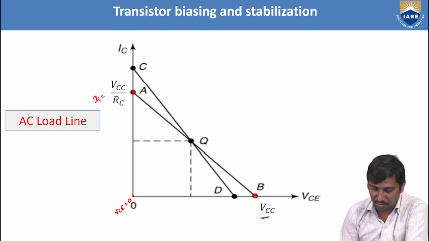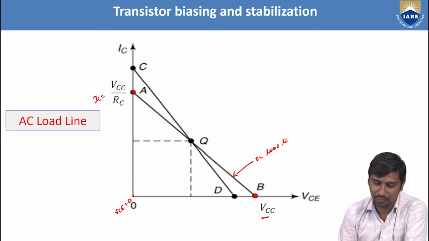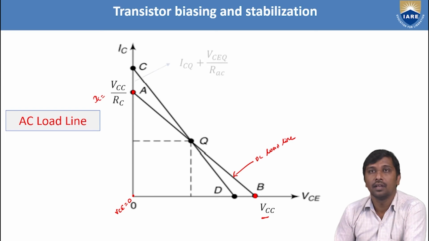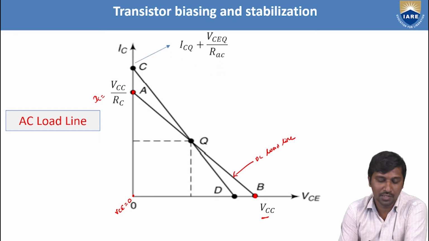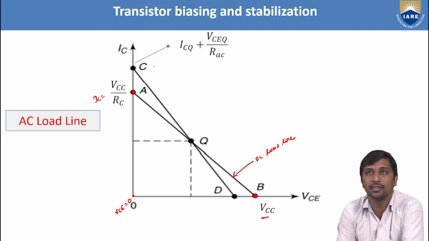Similarly, when IC is 0, the maximum VCE is represented as VCC. The intersection of A and B is nothing but your DC load line. Clear? And similarly, now we observe the AC load line parameters, maximum IC and maximum VCE.